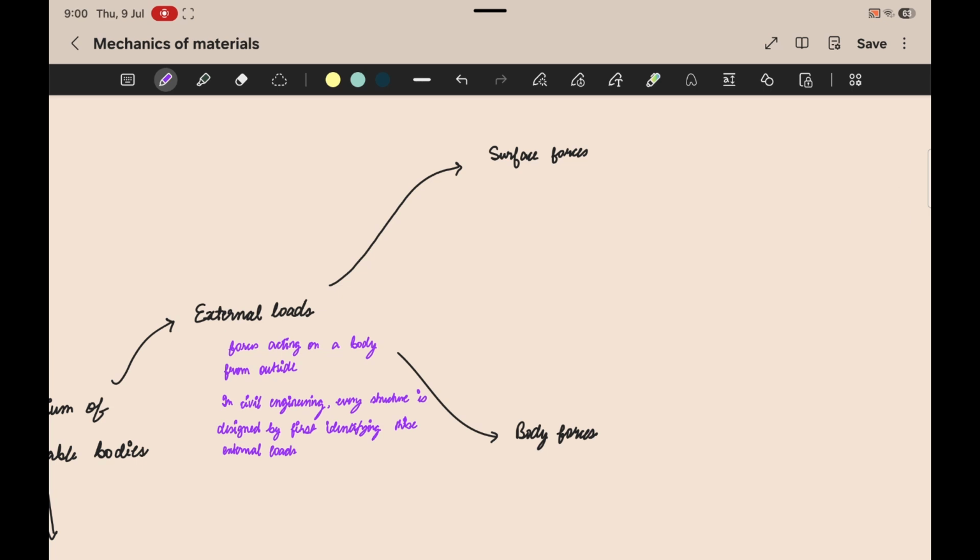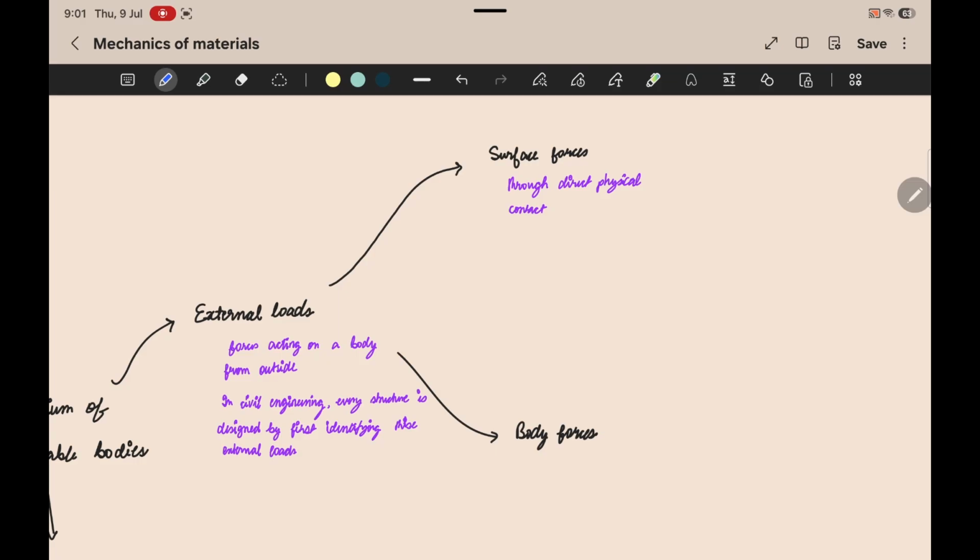So, surface forces are forces applied to a body through direct physical contact. Okay, and these forces act because one object touches another.